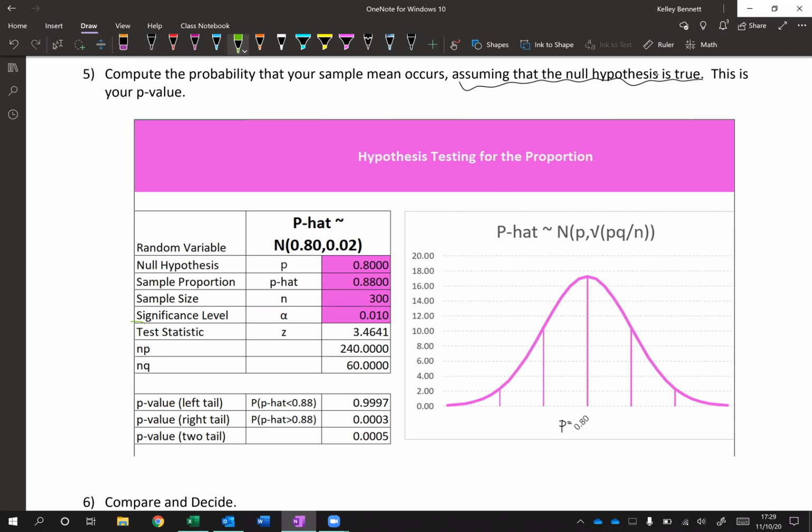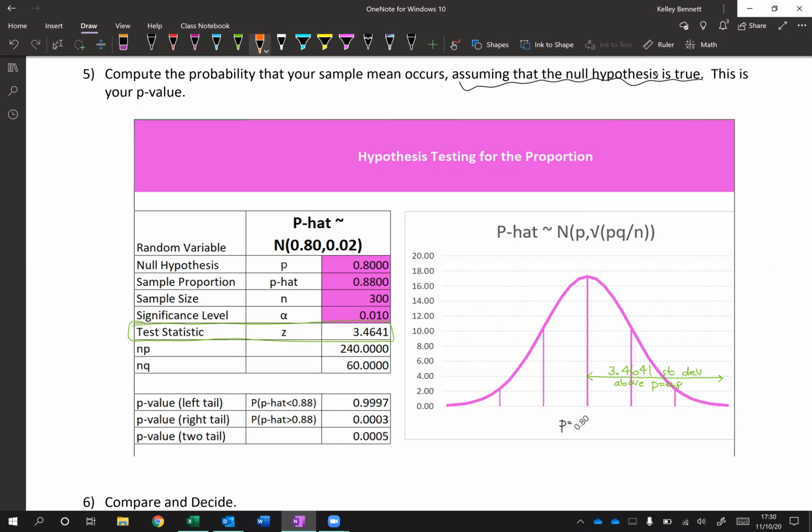So our test statistic tells us that we are 3.4641 standard deviations above the mean. So that's like way out here. 1, 2, 3, something like this. So we are 3.4641 standard deviations above the mean, P. The assumed mean. So remember, this is a two-tailed test.